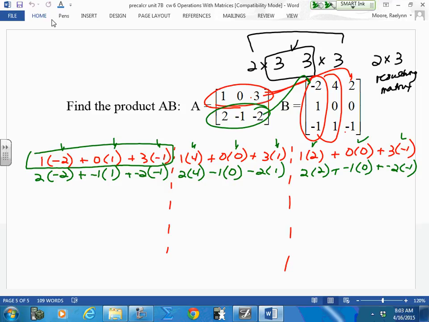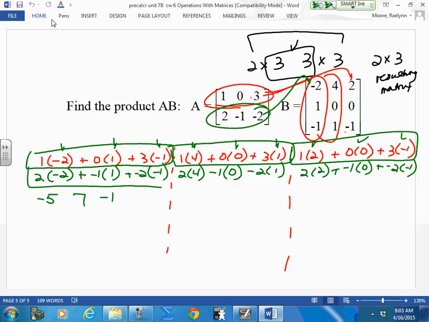Combine this. Anything times 0 is what? 0. So go ahead, tell me what your answer is. Negative 5. Okay, combine this one. 7. Combine this one. Negative 1. Okay.